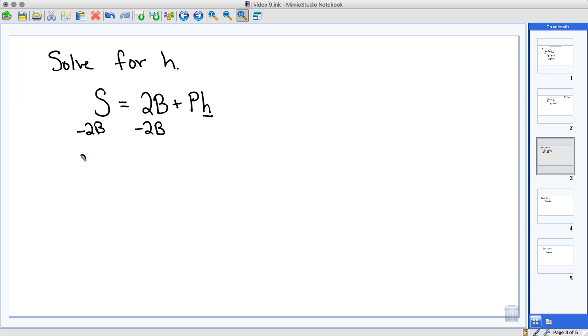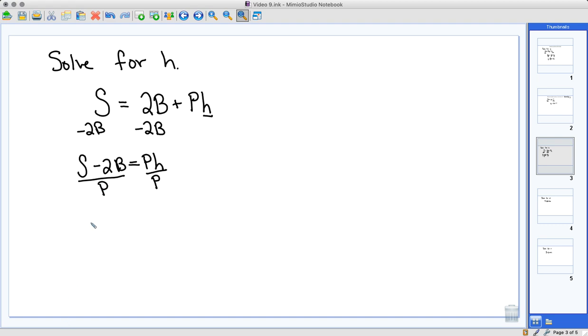So now I have s minus 2b equals p times h. Then to get h by itself, since I have p times h, the inverse operation of multiplication would be to divide.